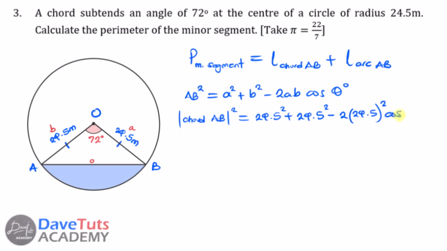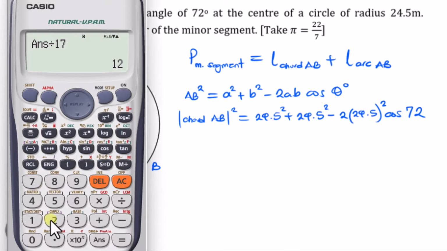Cos 72. So I want to input this into the calculator: 24.5 raised to power 2 plus 24.5 raised to power 2 minus 2 multiplied by 24.5 raised to power 2, cos 72.